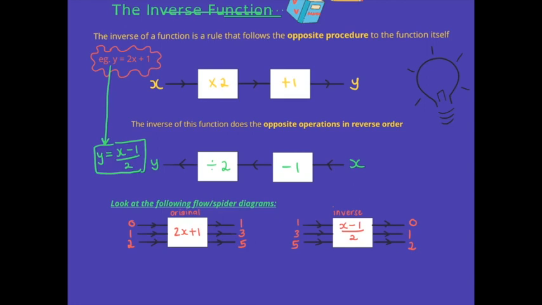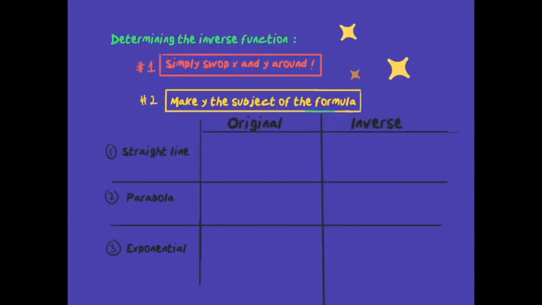Isn't that awesome? Now, let's apply a rule to all of this, because we don't want to have to do flow diagrams every time. Let's look at the simple rule to apply throughout this chapter. To determine the inverse function, simply swap x and y around.